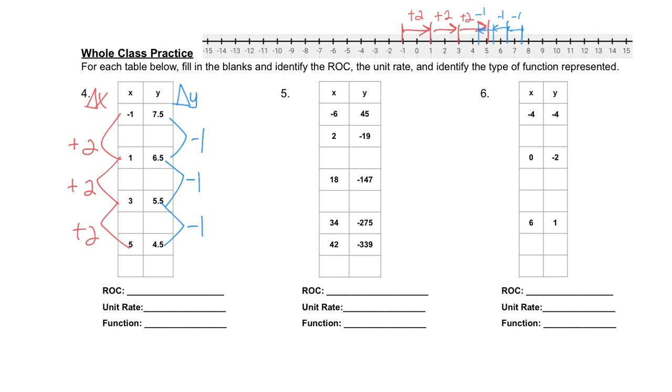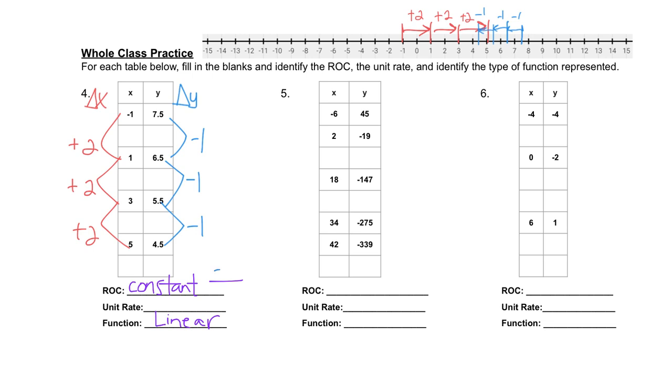You can see that our change in y and our change in x are uniform, they're the same, which means the ratio of change in y to change in x, or our rate of change, is constant. And if our rate of change is constant, we know that our function is a linear function.